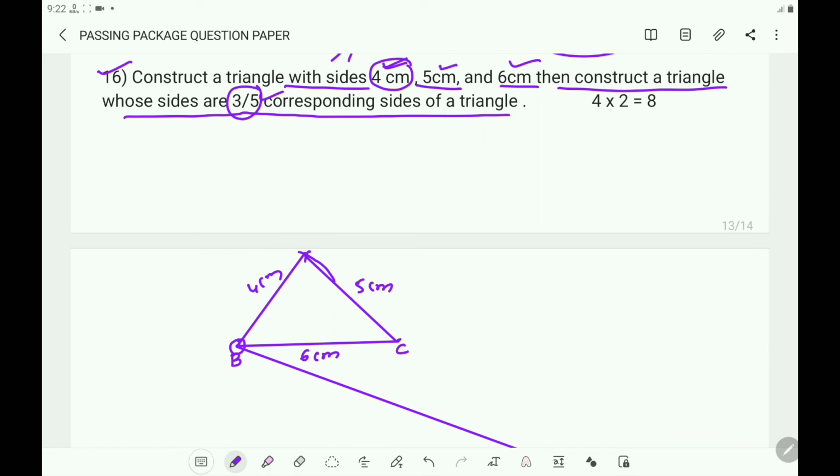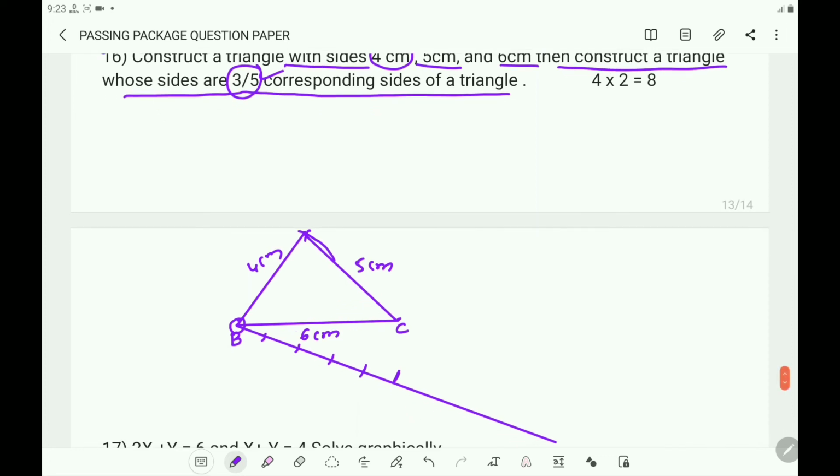So you make 5 equal arcs, 5 segments here. That must be of equal radius. And 3 by 5 is there. So here in the numerator 3 is there, then in the denominator 5 is there. Then this is the first one, B1, B2, B3, B4, B5.